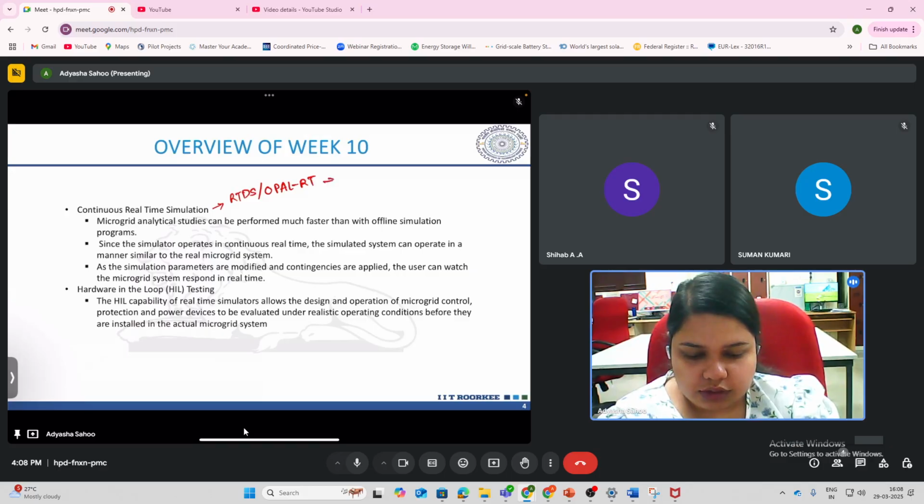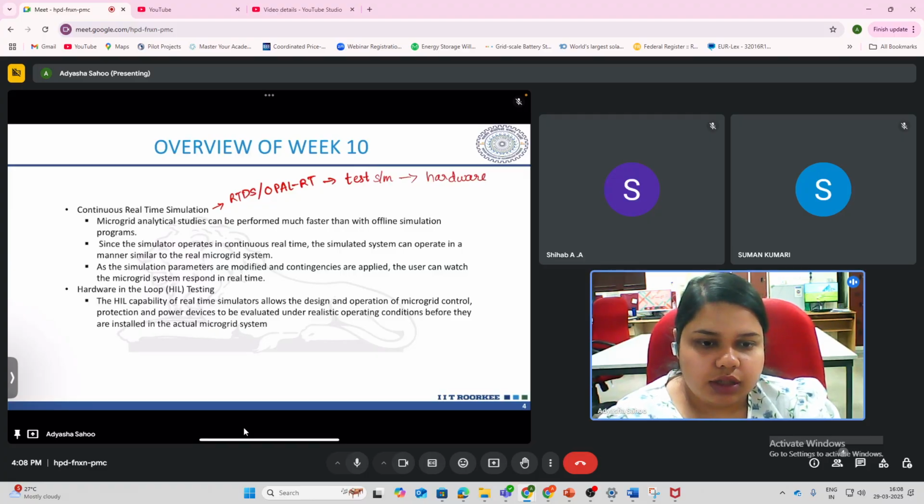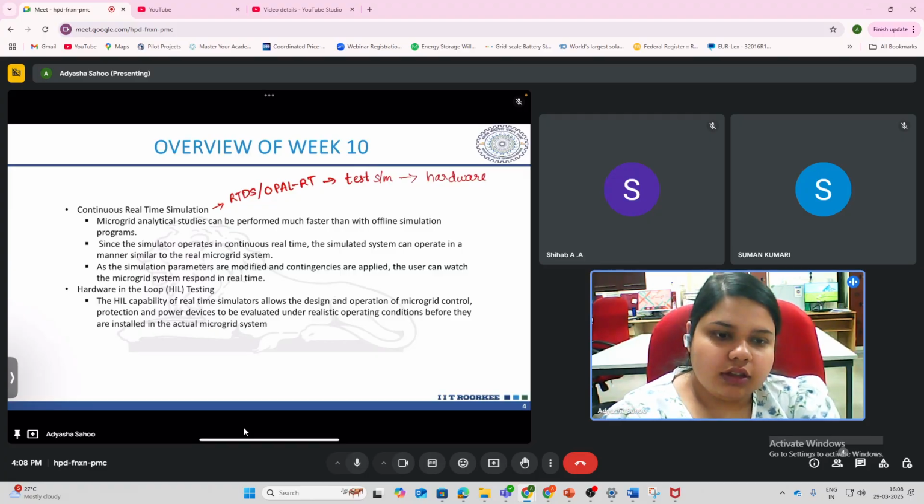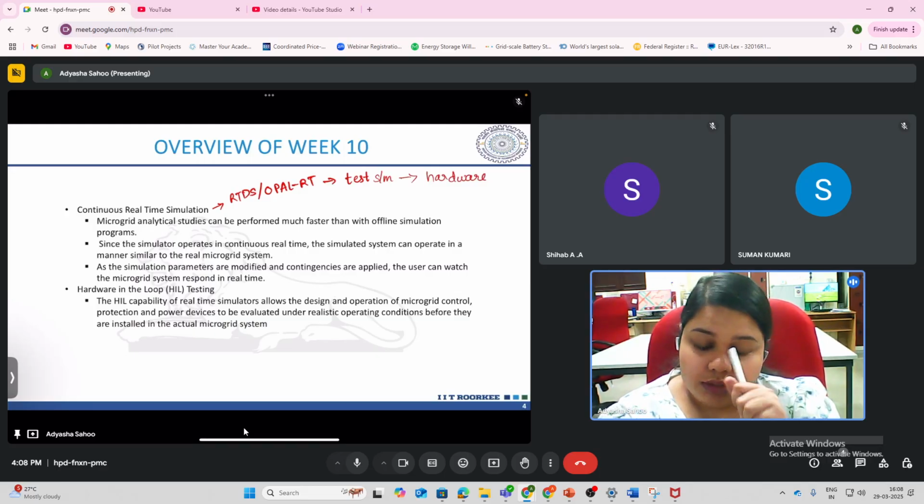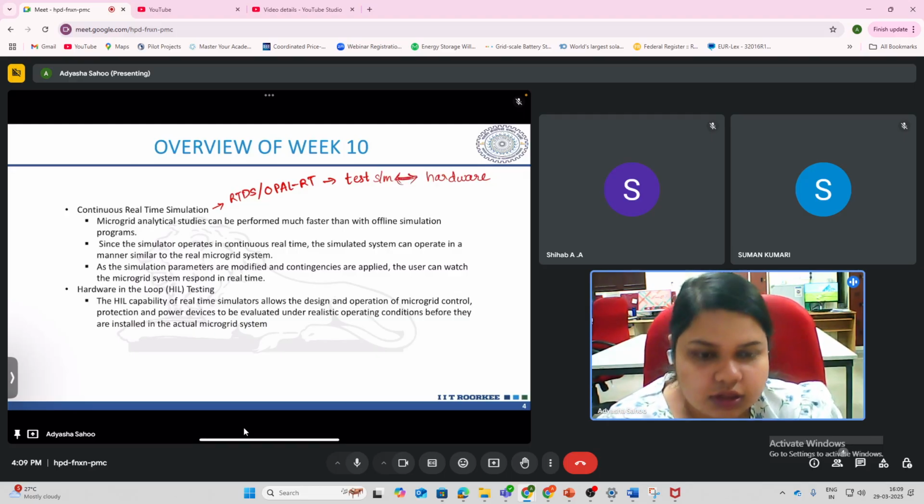Basically here we feed in our test system in the RTDS, and then we use hardware components such as we had seen IGBT stacks for inverters, gate driver circuits, and power grid emulator, and various other components also. So those can be actively integrated. They can communicate between those hardware devices and the test system to simulate various scenarios in real time.